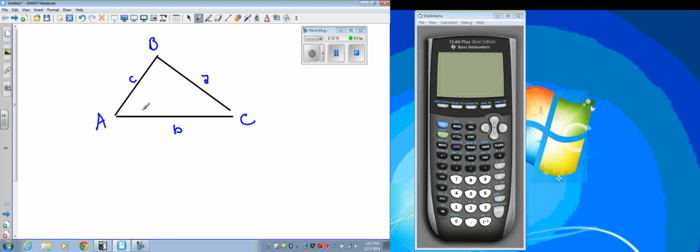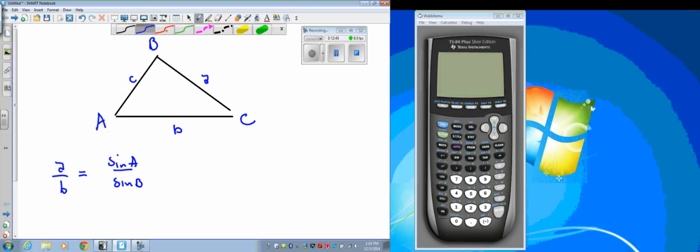I would say no. Well, I think you'd say wrong, because if you think of this as a over b equals sine of A over sine of B, now notice that if I multiply both sides by b, sine A, b over sine A.